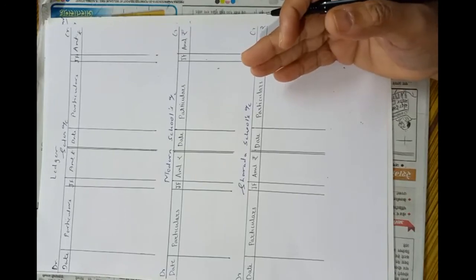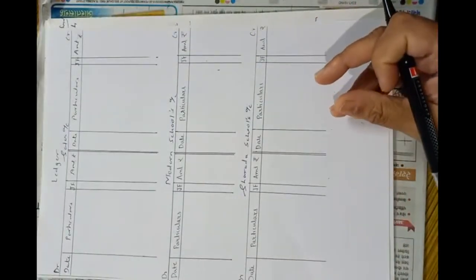We have to prepare only 3 accounts from this sales book. Just like the purchase book, the sales book is also a book of original entry. So the transactions are first recorded in this sales book, and then posted into the ledger.